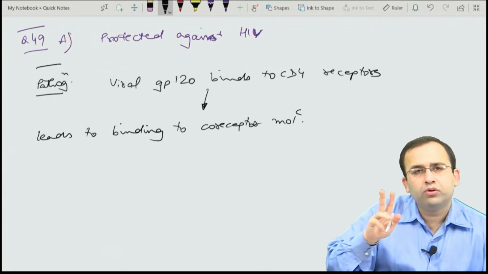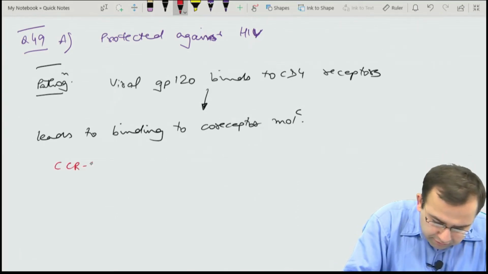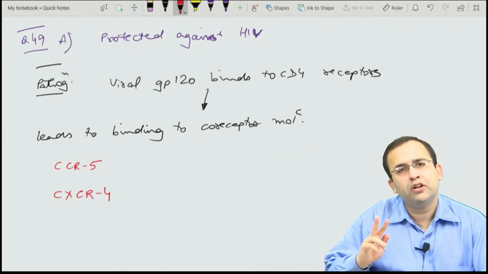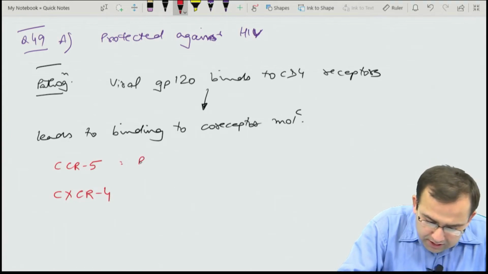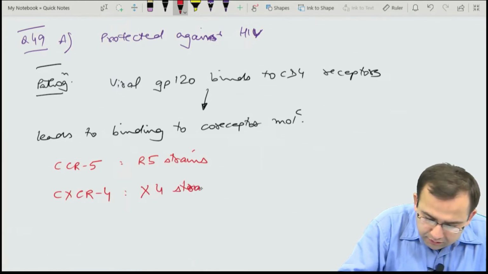There are two co-receptor molecules, CCR5 and CXCR4. CCR5 binding is by R5 strains of the virus, whereas CXCR4 binding is by the X4 strains.